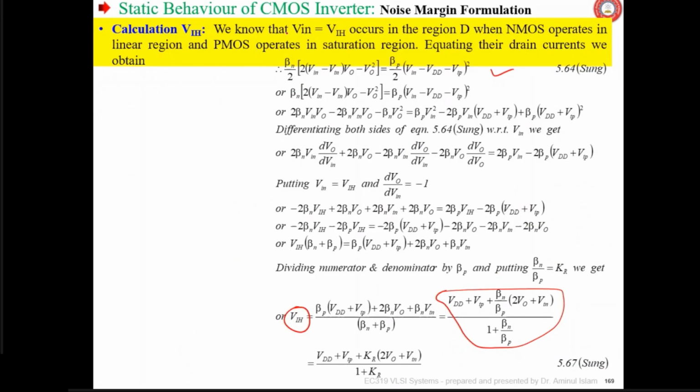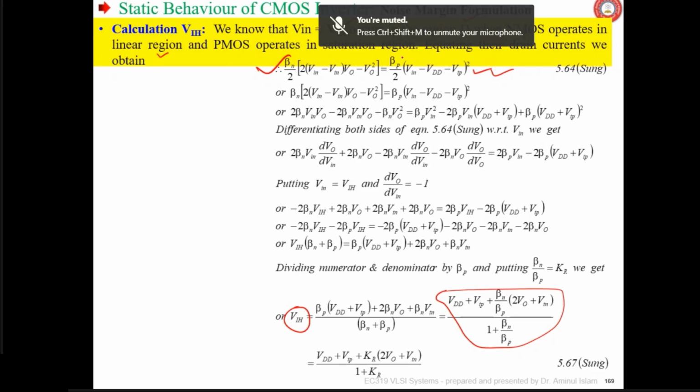And then we know that dVo by dVin equals -1 at VIH, which occurs in region D when the nMOSFET operates in the linear region and the PMOS operates in the saturation region. Equating their currents, the nMOSFET has the linear region equation and the PMOSFET the saturation region equation. Is it not the equation in saturation?